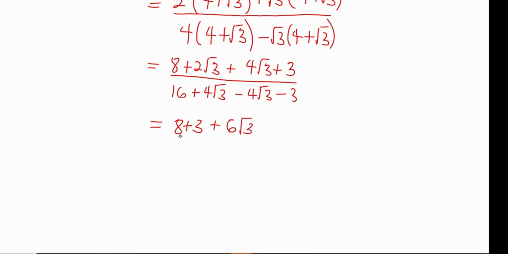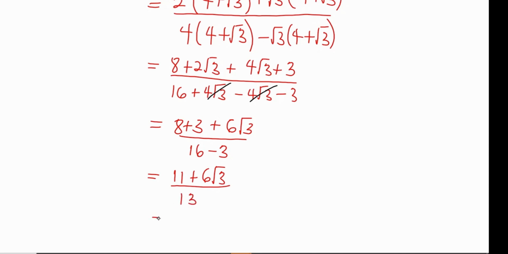then divided by, so what do we see? We can see that this takes away that because it's plus and minus, so they go away, and we are left with 16 minus 3, and we can see that 8 plus 3 gives us 11 plus 6 square root of 3, and at this point 16 minus 3 gives us 13.